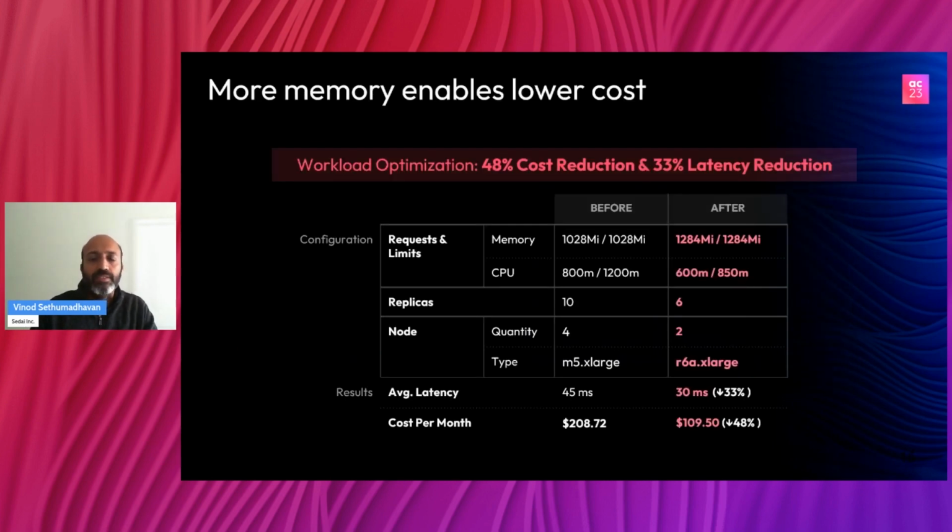Okay, so this is an example of combining both workload and node optimization. If you look at the application, Sedai found that this application was memory bound and increased the memory by 25%.